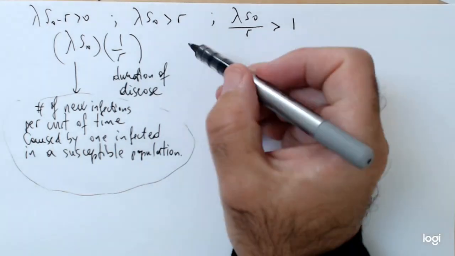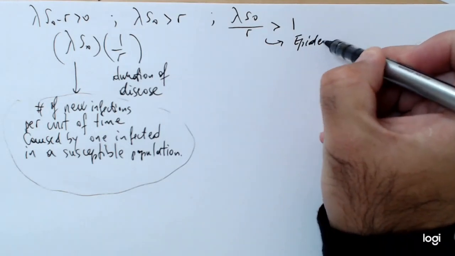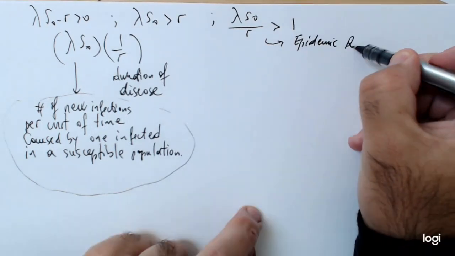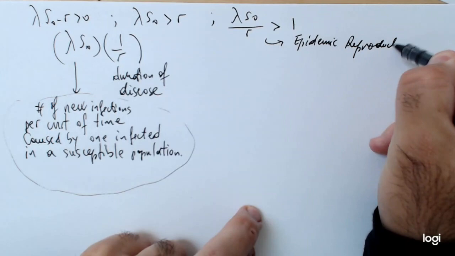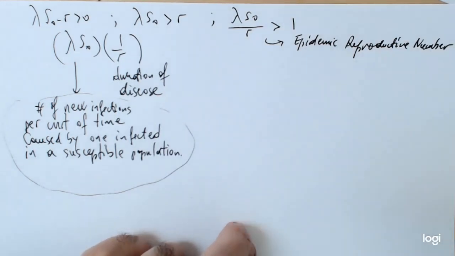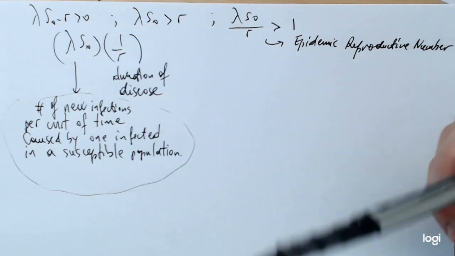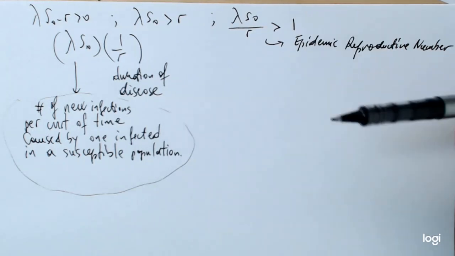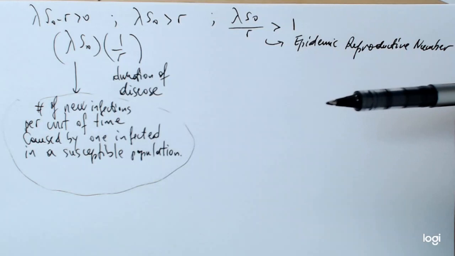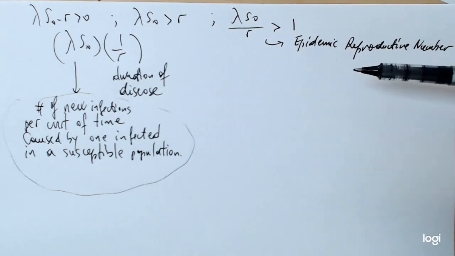So this quantity, which again is called the epidemic reproductive number, or the basic reproductive number, or just the reproductive number in the context of a disease, it's always interpreted from the point of view of an infectious individual. Or from the point of view of the disease, if you want, because it's a way to indicate how much the disease reproduces itself in a healthy population.